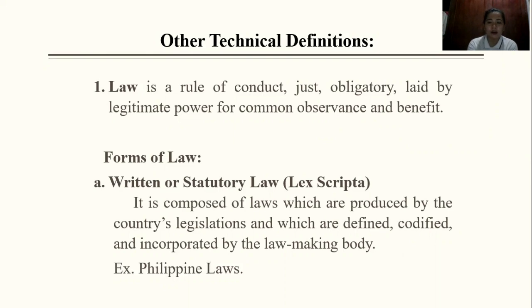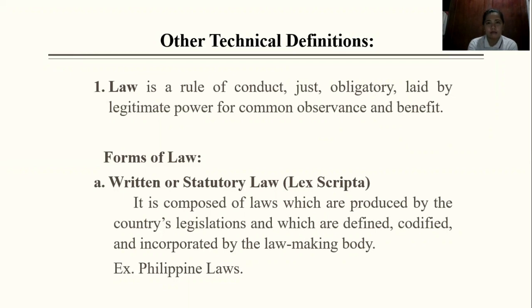And a sample of written or statutory law is the Philippine laws. Some sources of our Philippine laws are the constitutions, the 1987 Constitution, which we define as the mother of all laws.